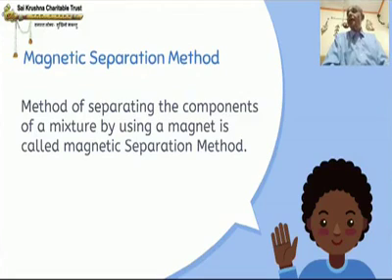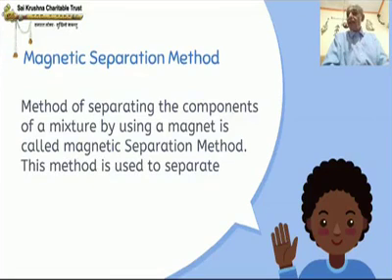So we use a magnet to separate the components of a mixture. Means we use a magnet to separate the substances of a mixture, and this method of separating the components of a mixture is called magnetic separation method.